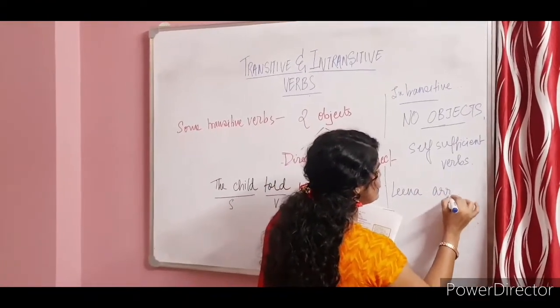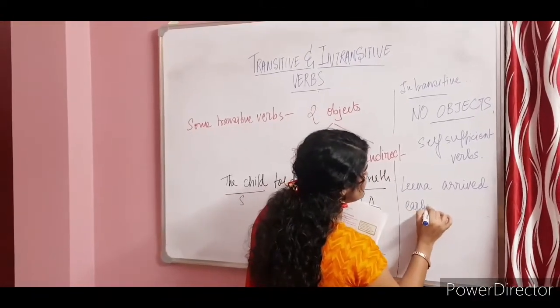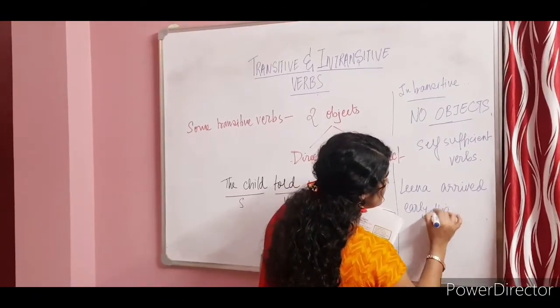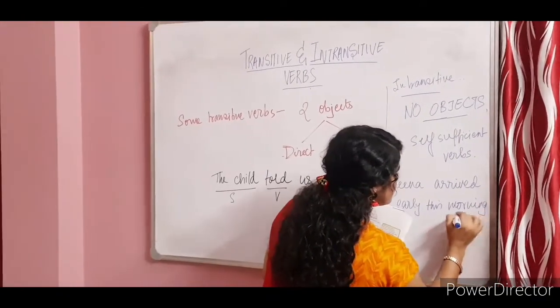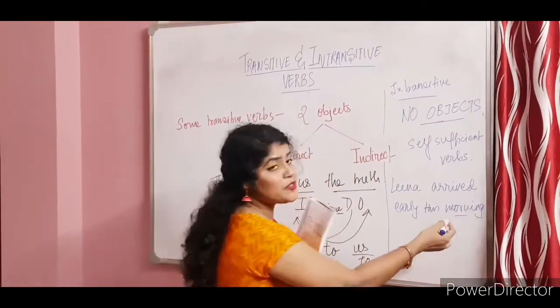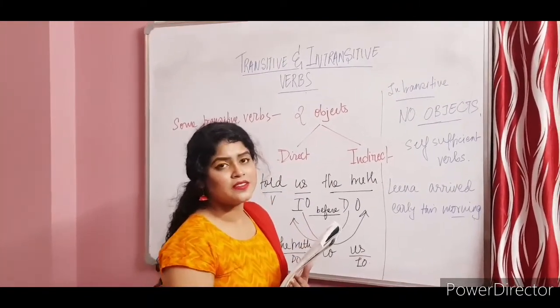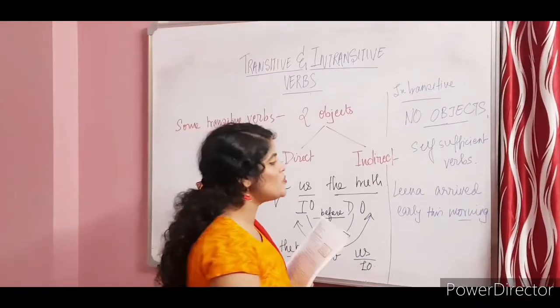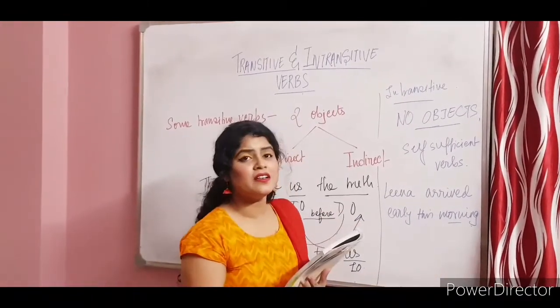Lena arrived early this morning. Even though you might feel there is a noun over here, there is an object, it does not qualify as an object because this is not being affected.